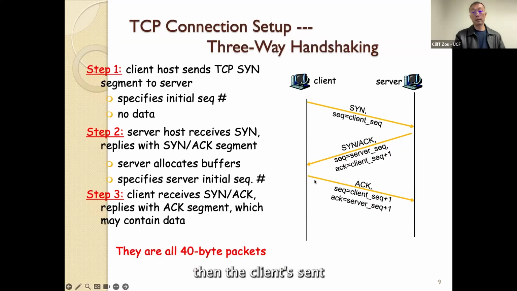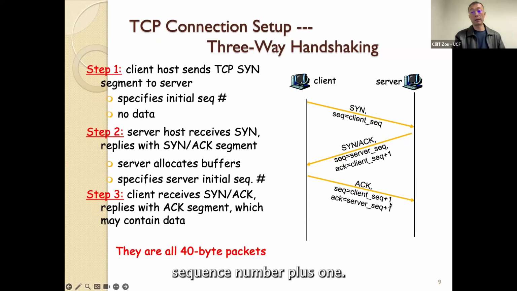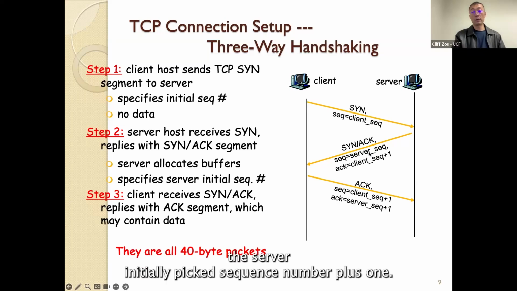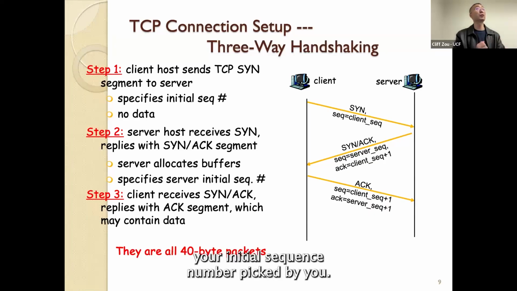Then the client sends another ACK, the third packet. In this packet, the sequence number is the client sequence number plus 1. And the acknowledgment number will be the server's initially picked sequence number plus 1. So this one tells the server that I also received your initial sequence number picked by you.